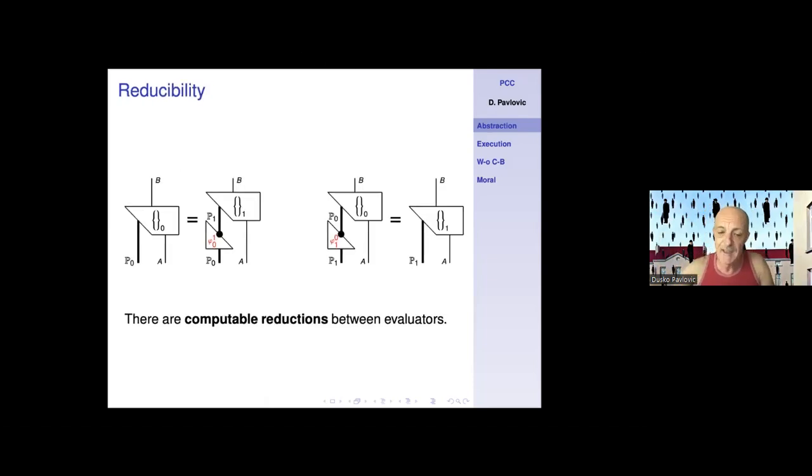Now we get into the business of proving the theorem by observing that if every function is programmable, then if I have two programming languages, the interpreter of each will be programmable in the other one. If I have programming languages P0 and P1, then there will be a P0 parameterized program which, when fed to the P1 interpreter, will behave like the P0 interpreter, and the other way around. This is your regular Church-Turing reducibility of models of computation, or Turing completeness of any programming language.